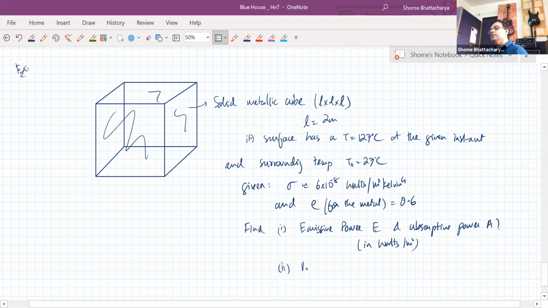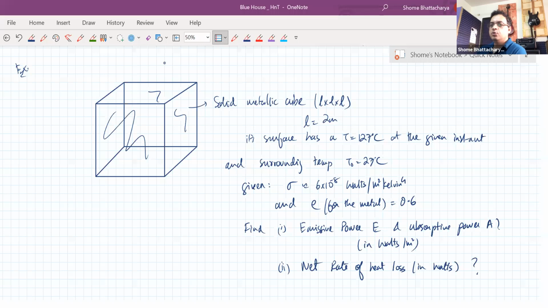And we want to find the net rate of heat loss in watts. So this is a direct numerical substitution. Just try it out. It will give you an idea of how to use the equation that we've been talking about, the Stefan-Boltzmann equation of radiation.